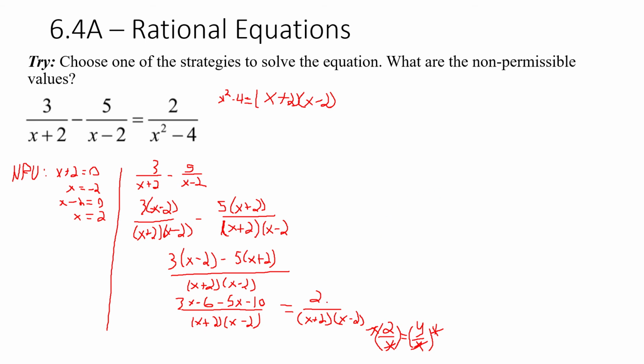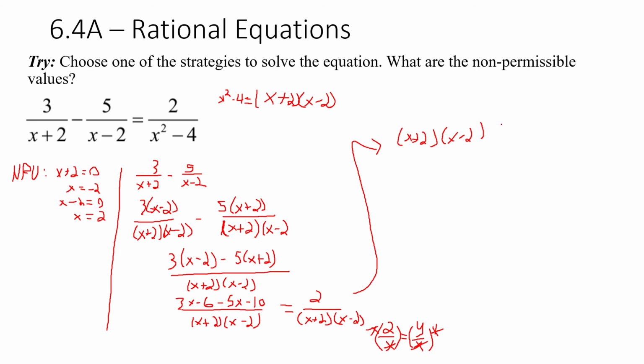So let's do that. Let's cross multiply this by bringing this up to the other side, or you can bring this one up to the other side. It's not going to matter. So that'll turn into x plus 2 times x minus 2.